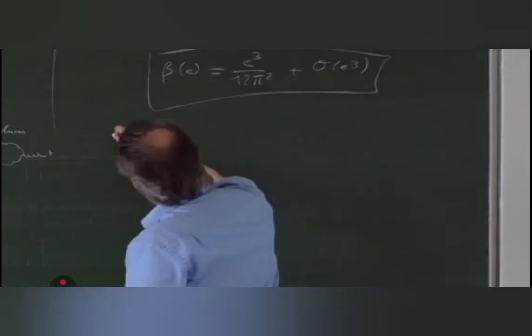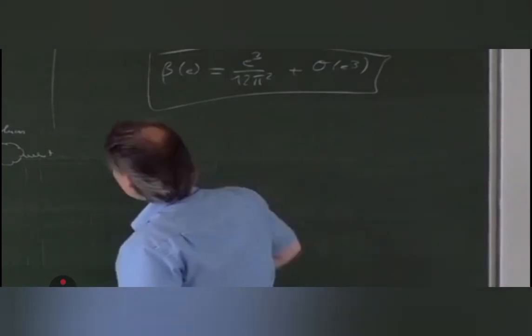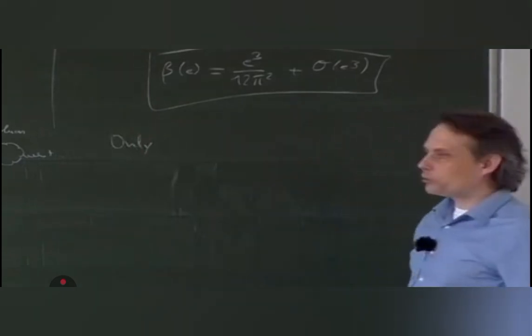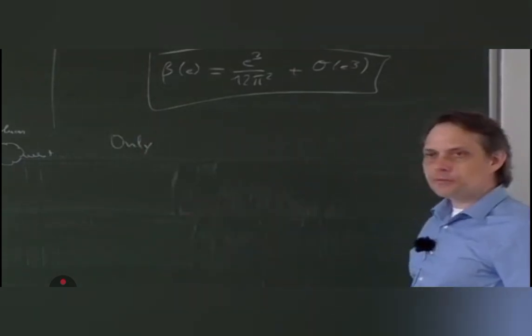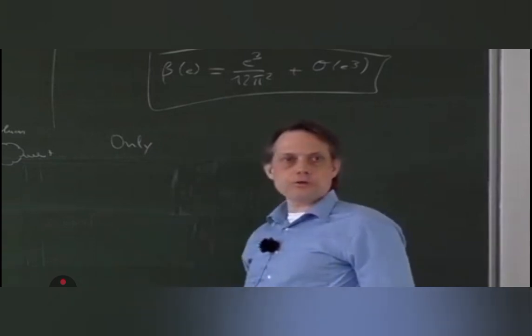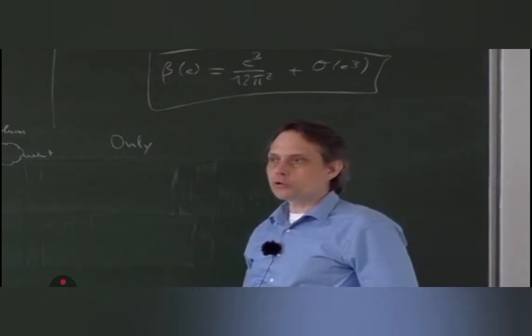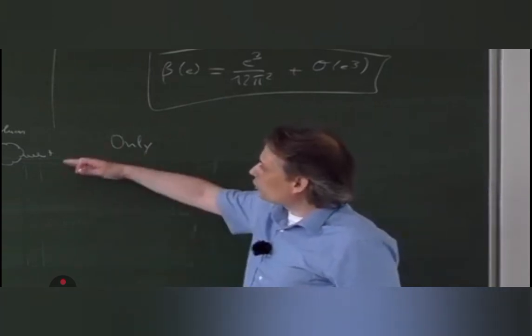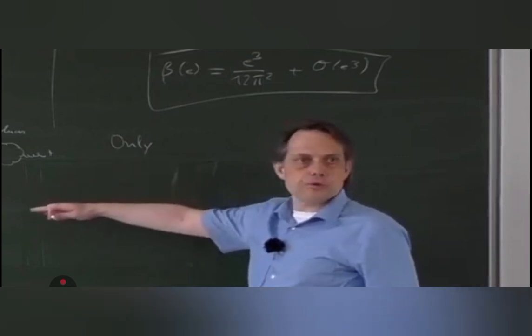And a general statement which was quickly found after the discovery of this negative sign was that non-abelian gauge theories are actually the only theories in relativistic quantum field theory where such negative beta functions can appear at all.